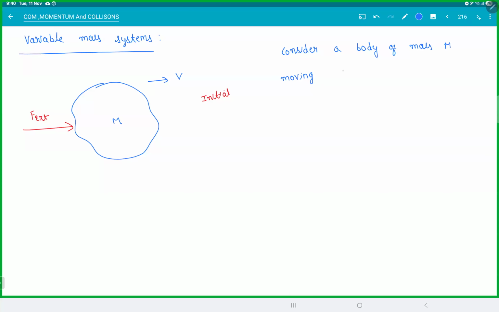Consider a body moving with speed v, which ejects a small mass dm.